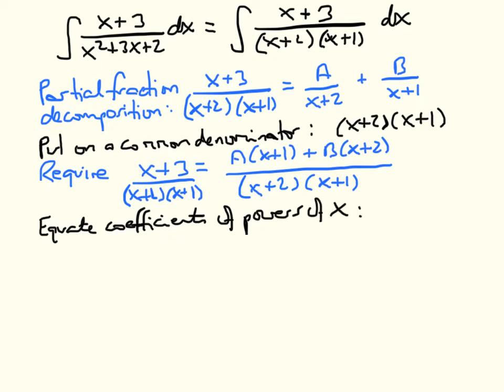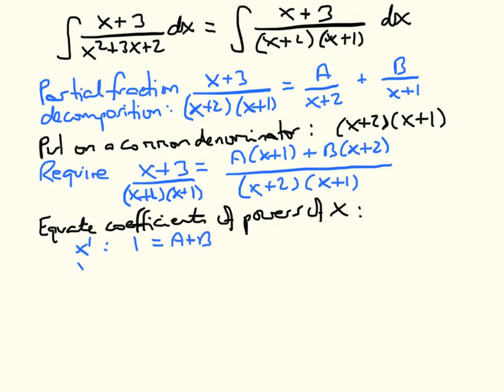Because if the numerators are to be the same for all possible values of x, as you change x, these change in different ways, and so therefore we have to have the same coefficients here. So the coefficient for x to the power 1 on the left hand side is 1, and on the right hand side you get a times x and you get b times x. So we're going to get a plus b.